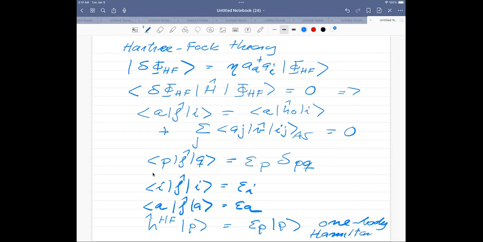Now, when we look at this in terms of this general full configuration interaction theory calculation, what we end up with is zeroing out some blocks in the Hamiltonian matrix.